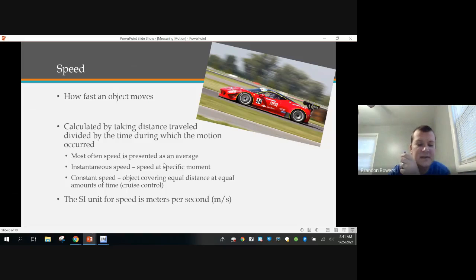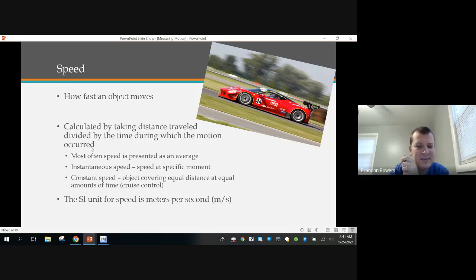Most often, speed is presented as an average. Now, there are two different types of speed. If you see on the bottom, instantaneous speed is speed at a specific time. Let's say you're a track runner and you start off the 100-meter dash kind of slow. You don't start the 100-meter dash with a fast speed. You normally end faster than you start.